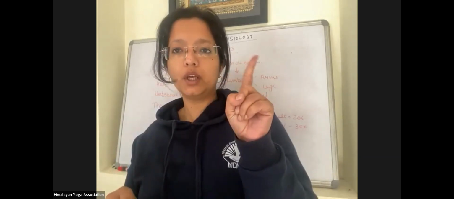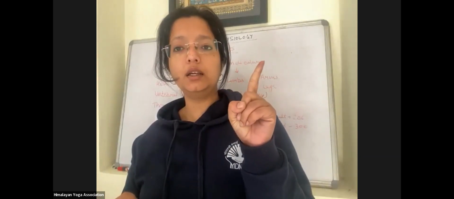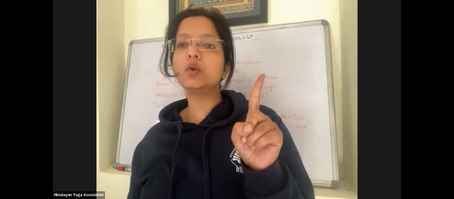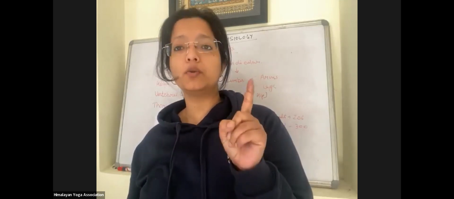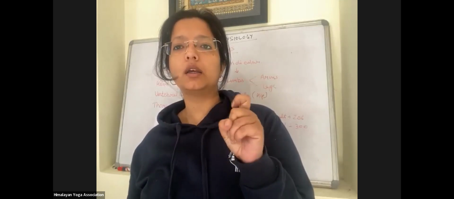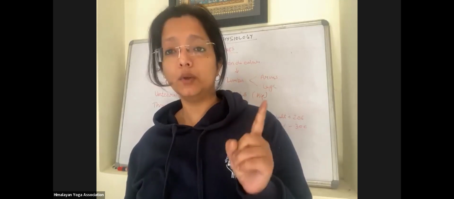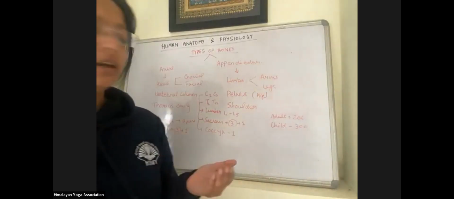So I can move this and I can also move this. So now my flexibility has increased because of 3 bones. But if there is only 1 bone, then I can move only this much. When there are 3 bones, I can move this much. You see the difference? Now you understand why a child is more flexible than an adult.